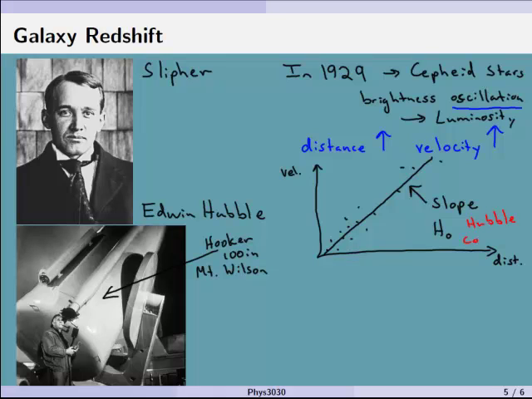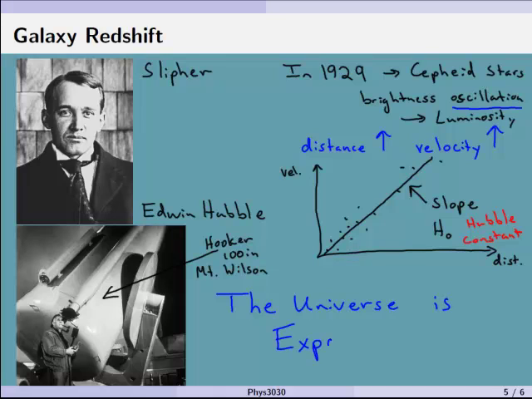We'll definitely bring this up a little bit later when we're talking about the age of the universe. So he gets a graph that looks like this: the further something is away, the faster it's moving. Now, the amazing conclusion that you can make from this is that the universe is expanding.